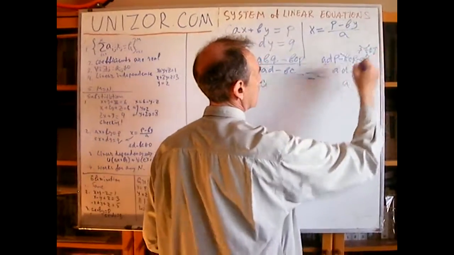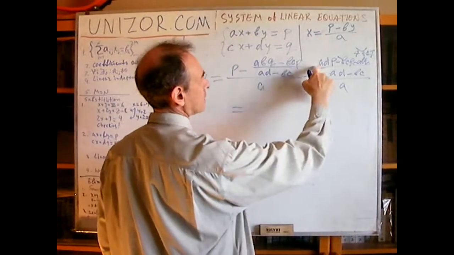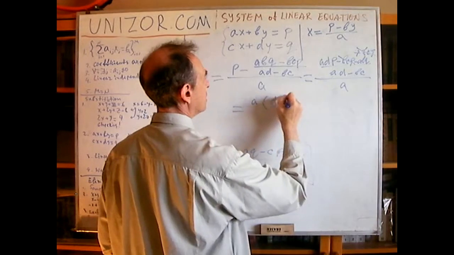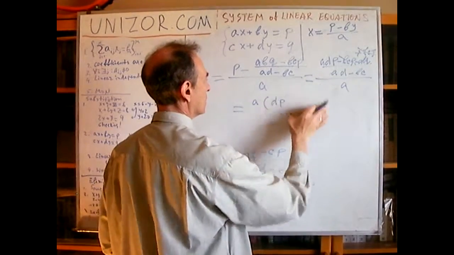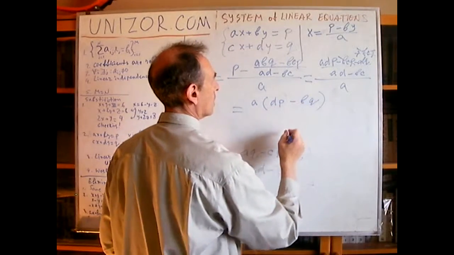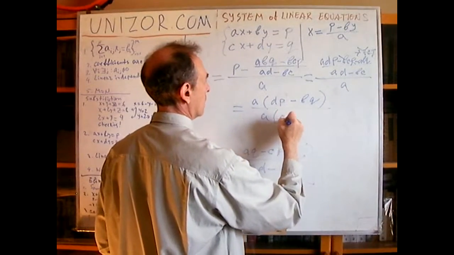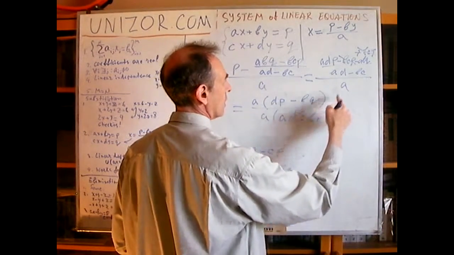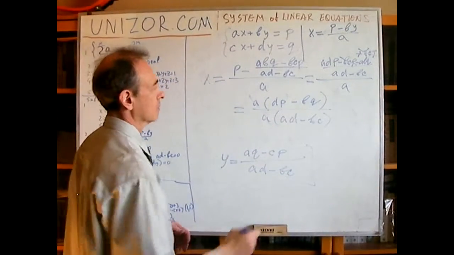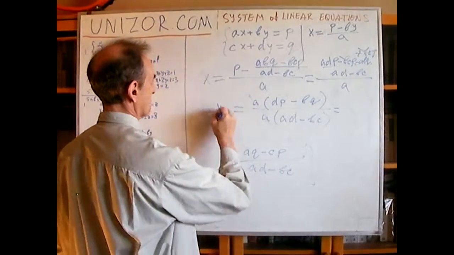So bcp is out, so I will have, and a I can factor out here, a times dp minus bq divided by ad minus bc. I combined these divisions. a is also out, and this is my answer, basically. This is x.